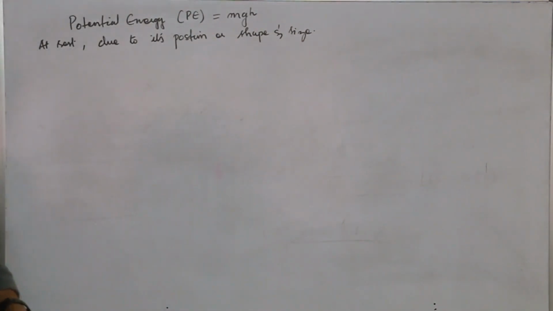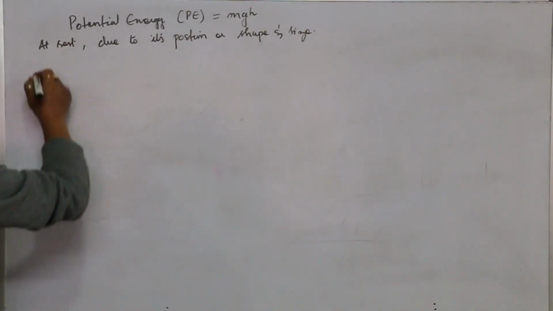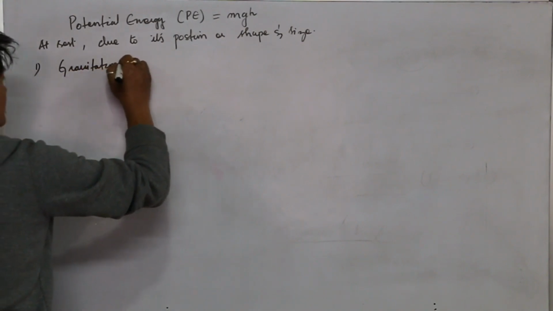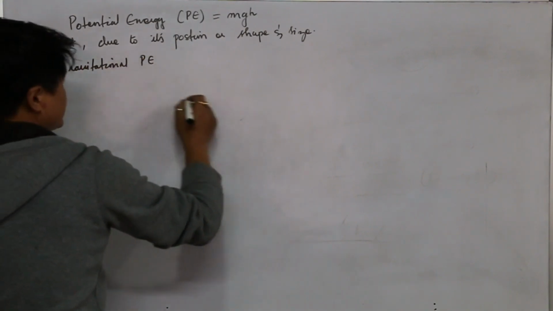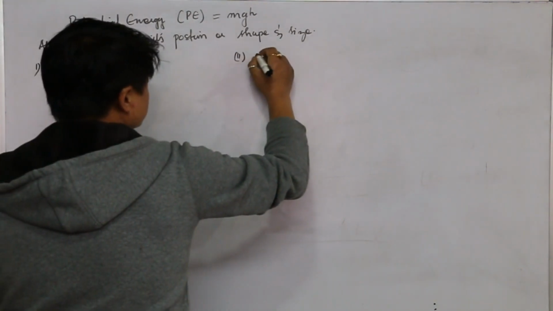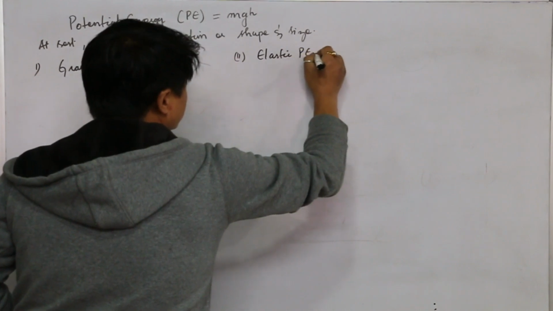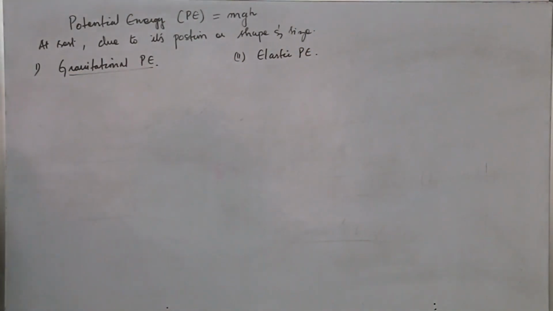is called potential energy. Okay, and this potential energy is divided into two forms here: gravitational potential energy, and the other one is your elastic potential energy. So first we learn gravitational potential energy.